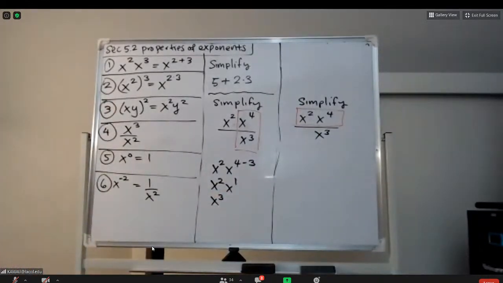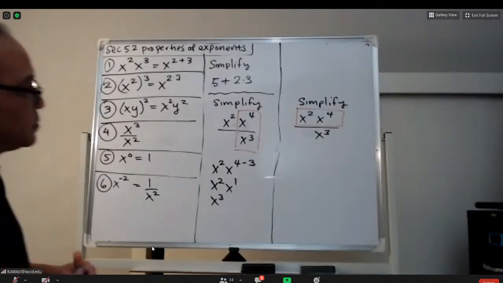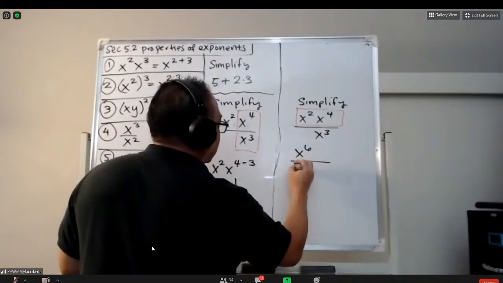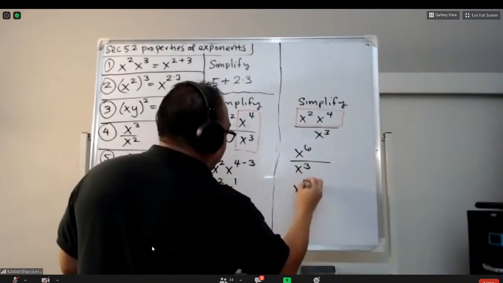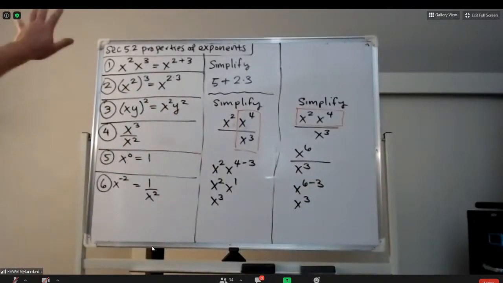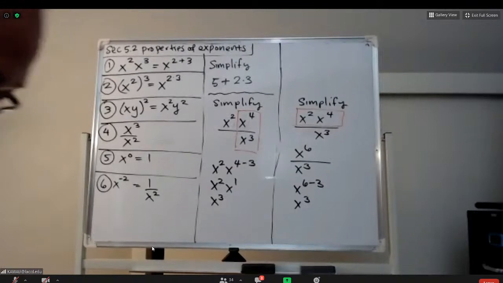Now this one turns into x to the 6, and then top minus bottom, and you'll see that we get the exact same answer. So it doesn't matter which property you do first. None of them have priority over the other. You just have to apply it correctly.